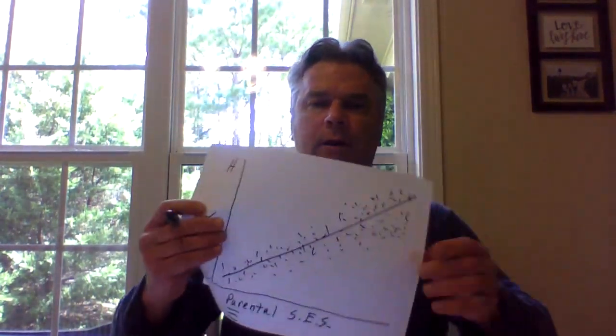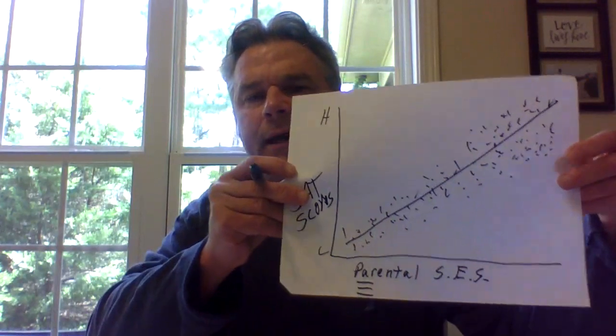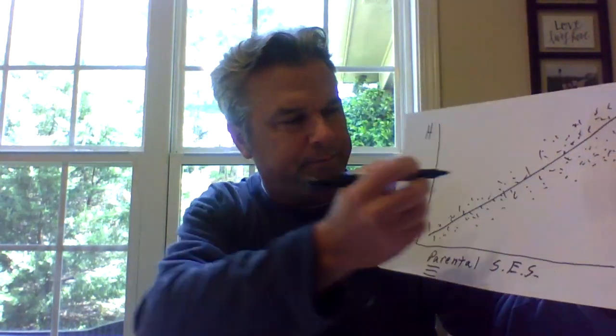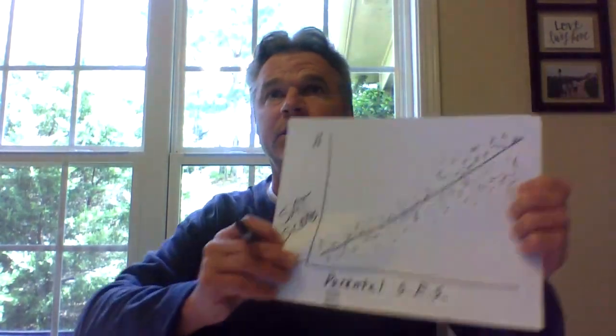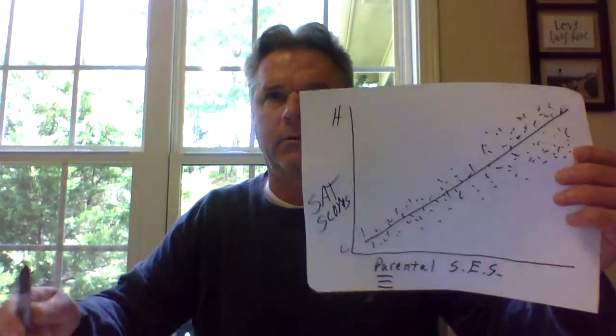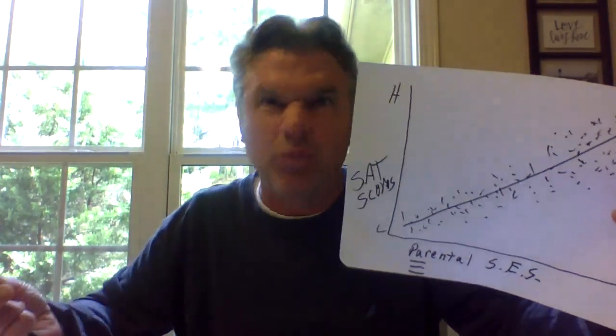So, let's just illustrate this using what we already had here. Now remember the distance from the regression line to each observation is your error, right? That's your residual.